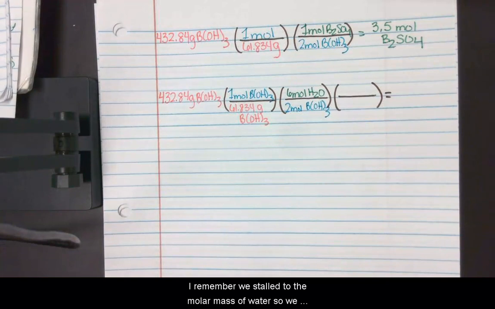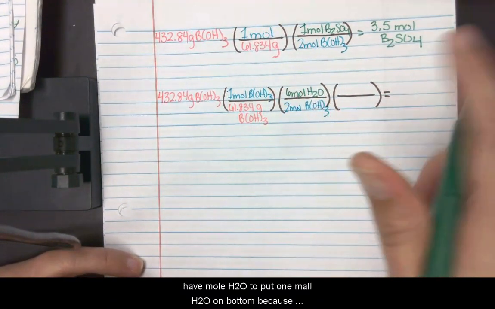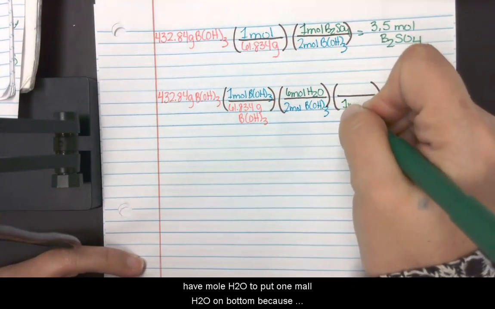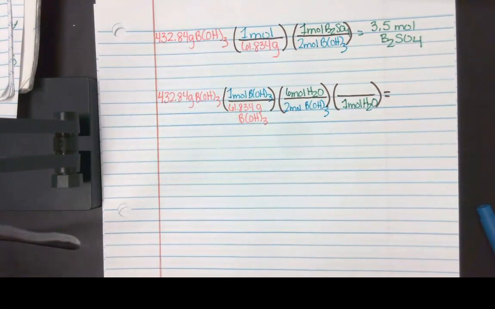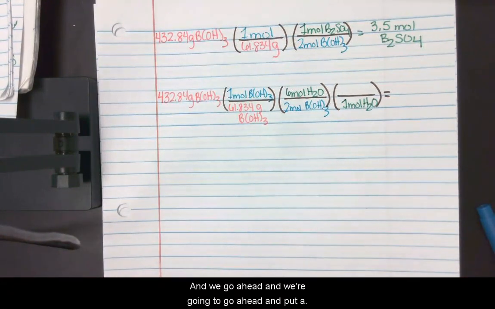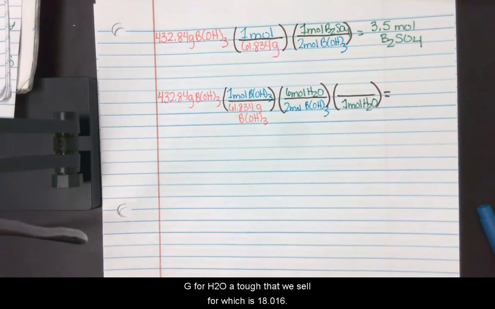And remember, we solved for the molar mass of water, so we have mole H2O. We put 1 mole H2O on bottom because the molar mass is grams for every 1 mole. And we put the grams for H2O at top that we solved for, which is 18.016.